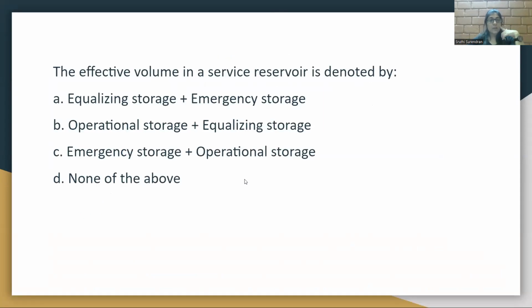Now, what is the effective volume in a service reservoir denoted by? There are four types of classifications for a service reservoir: operational storage, equalizing storage, emergency storage, and dead storage. What is the effective volume in a service reservoir?